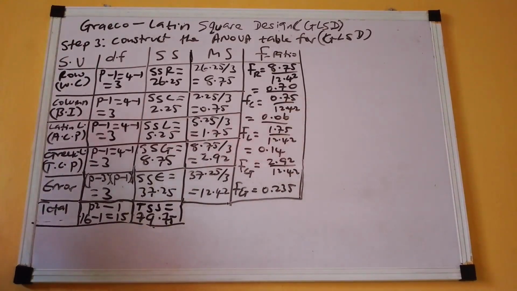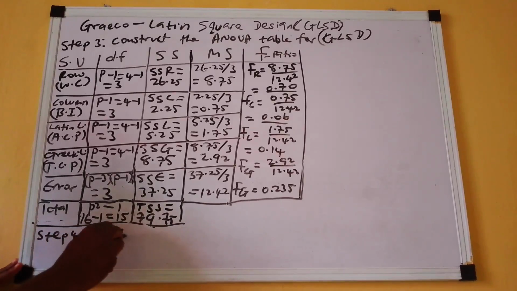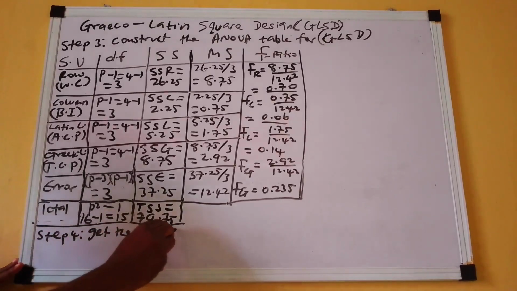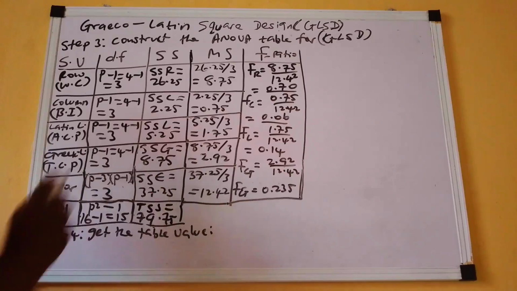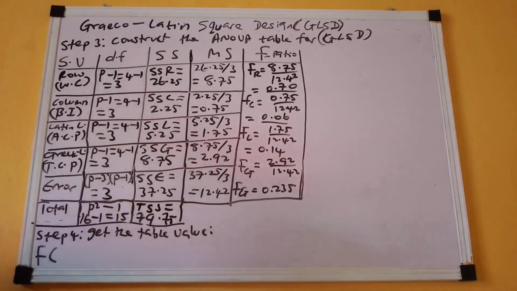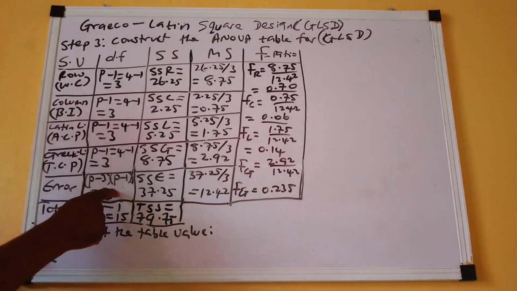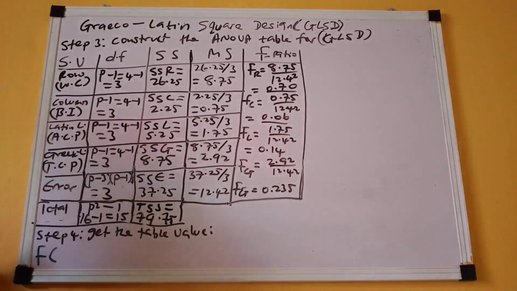Now we want to take our step 4. Get the table value. So now how do we get our table value F? Now you are also going to get 4 table values because you have 4 sources of variation. Each again we use the degrees of freedom to get the table values, and at a particular alpha, that is the level of significance given.